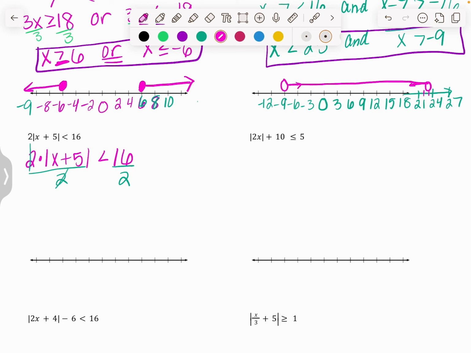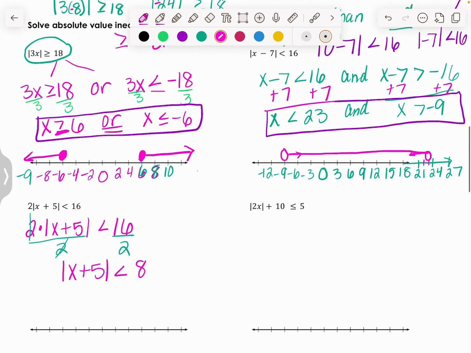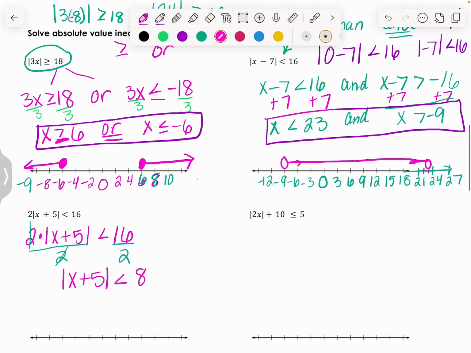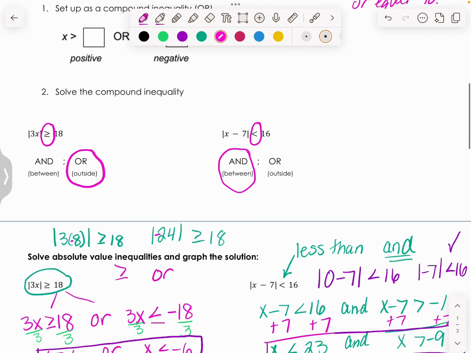And then you're going to be left with the absolute value of x plus 5 is less than, and then 16 divided by 2 is 8. So now you can split it into the two equations. We have the absolute value of x plus 5 is less than 8. If you have less than, you are going to want to choose "and."